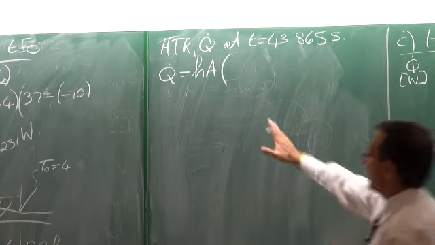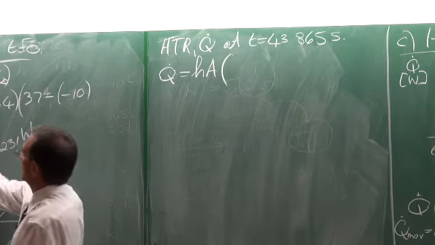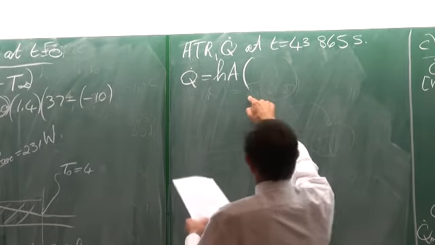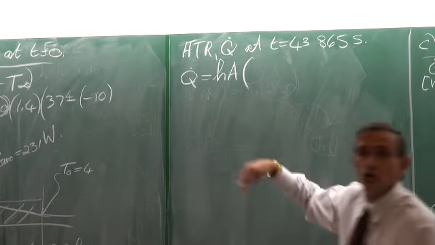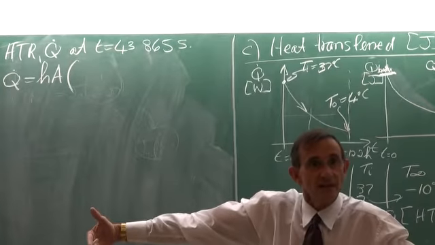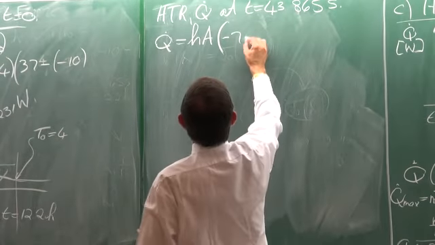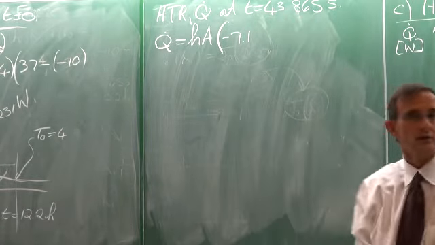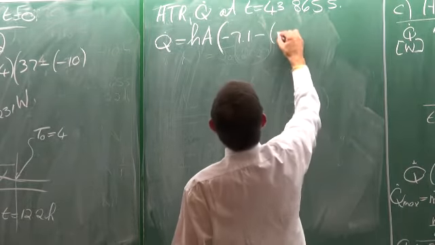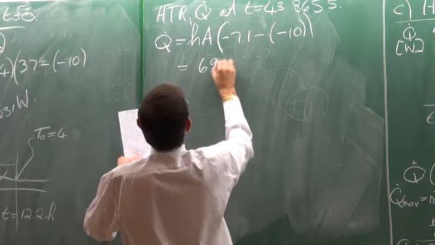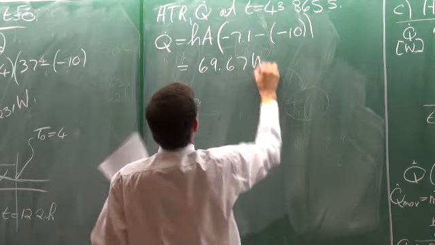But now, again, those two values are still the same. Okay, 22 multiplied by pi, multiplied by the diameter, multiplied by the area. But now, what is the temperature on the surface? It is -7.1, because that is the heat transfer rate of convection to the environment, minus 10, and if you calculate it, then that would be 69.67 watts.